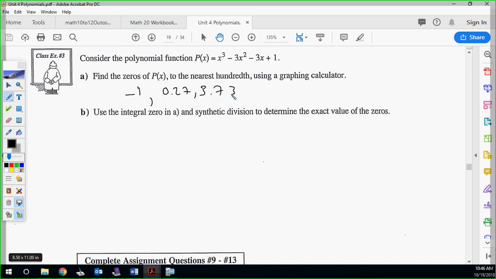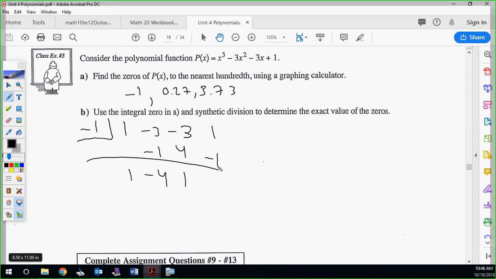Since we have a whole number, we can divide out the negative 1 using synthetic division and get a quadratic we can use the quadratic formula on. So negative 1, we're going to divide that out. We have 1, negative 3, negative 3, and 1. That gives 1, negative 4, 1, and a remainder of 0. That just confirms negative 1 is a zero.